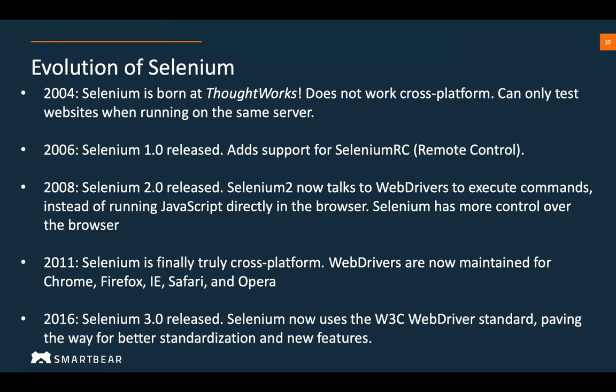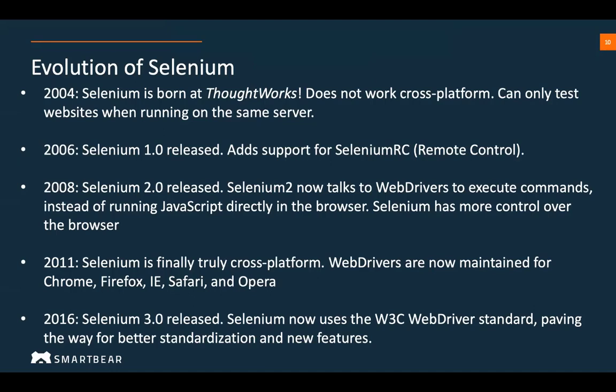And then in 2008, Selenium 2.0 was released. And with Selenium 2, they shifted from just executing JavaScript in the browser to perform actions and validations to sending those commands to web drivers, which would communicate with the browser more directly.